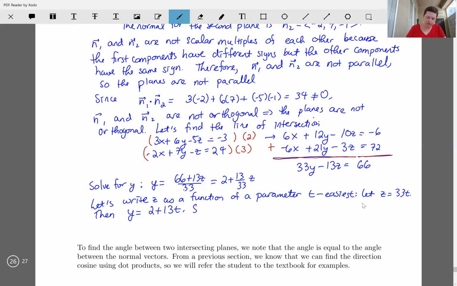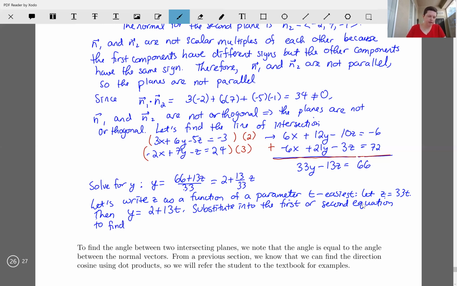substitute into either the first or second equation of the plane, the original equation, to find x.